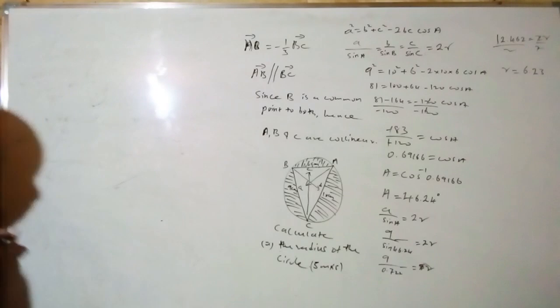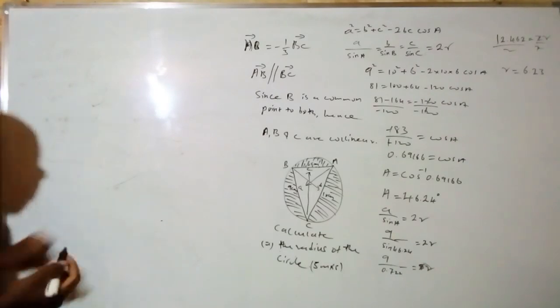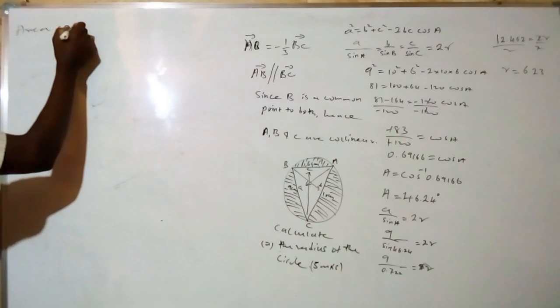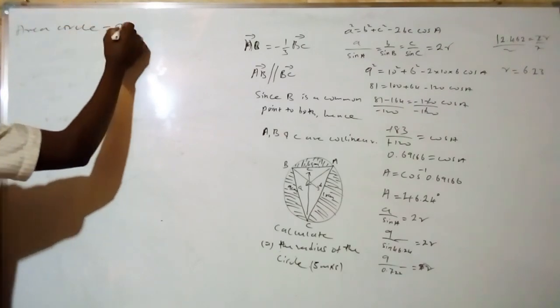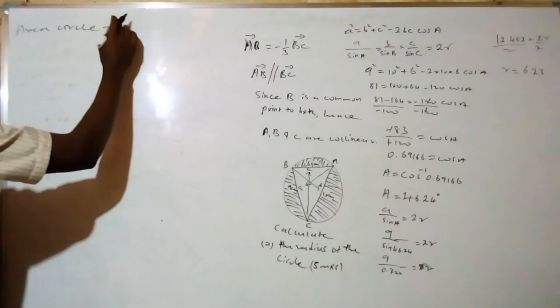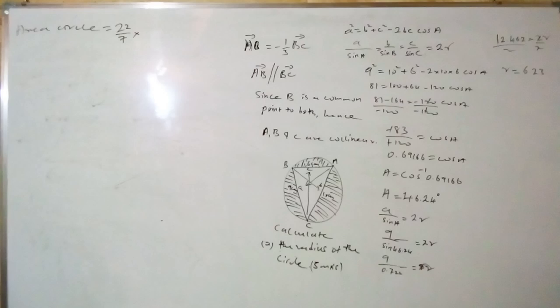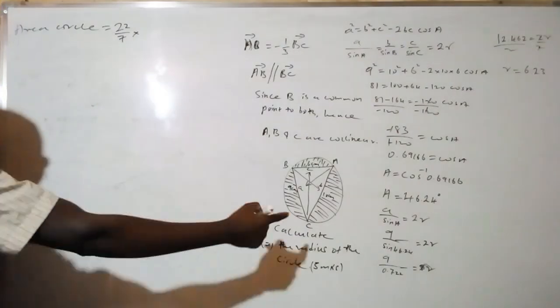First of all, the area of the circle is equal to pi r squared, 22/7 times r squared. The radius we have calculated as 6.23.